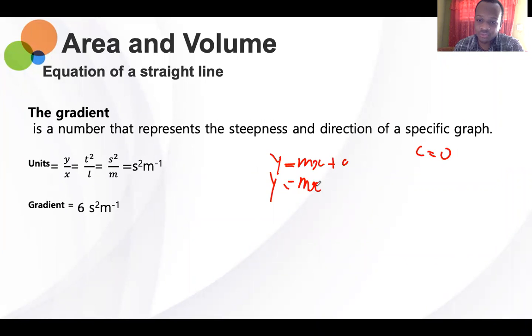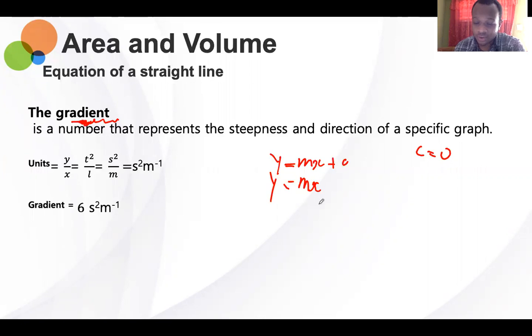Now, if we want to find m, which is our gradient, how do we calculate this? We want to get m on one side alone. What do we do? Carry the x to the other side where the y is.